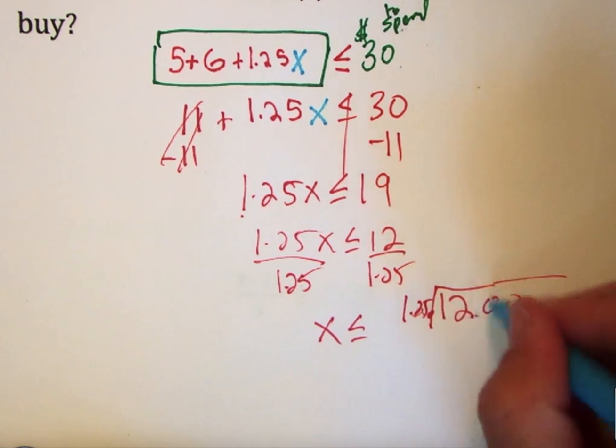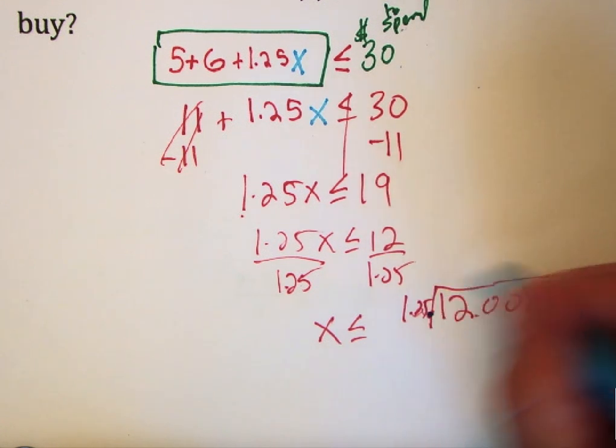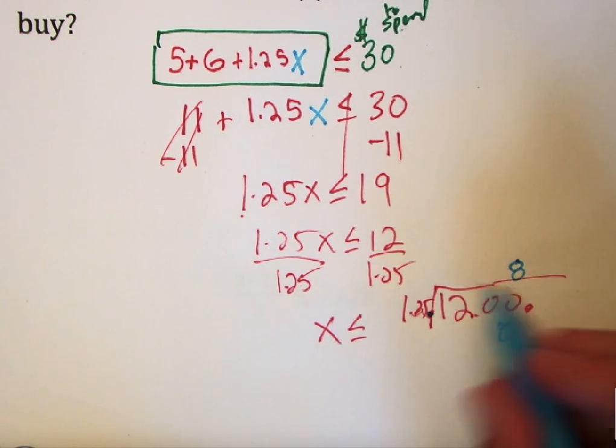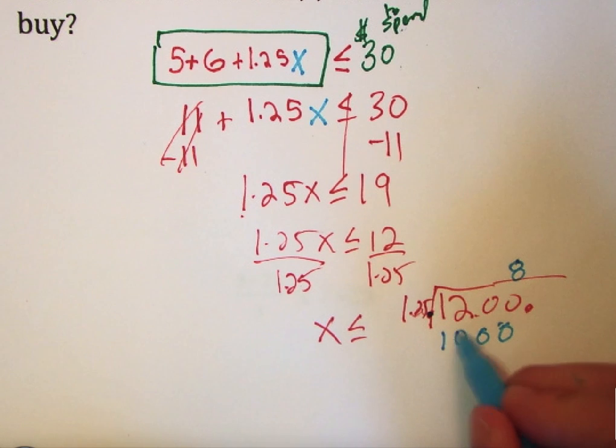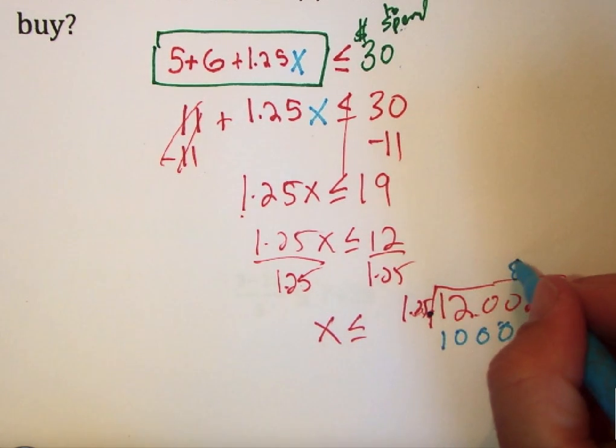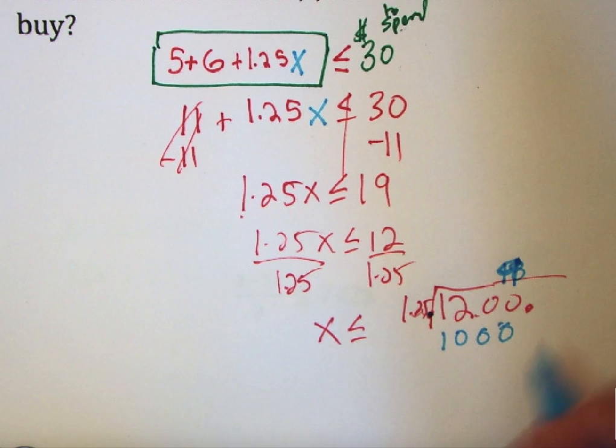It doesn't go in once here. How many times here? Maybe 8? Let's see. That would be 10. Can it go 9? Oh, it can't go 10, so it's got to go 9 times.